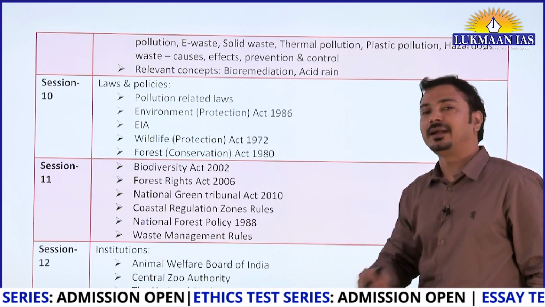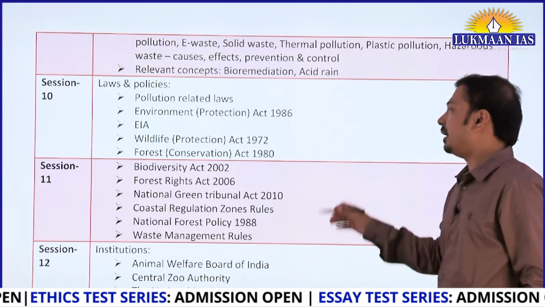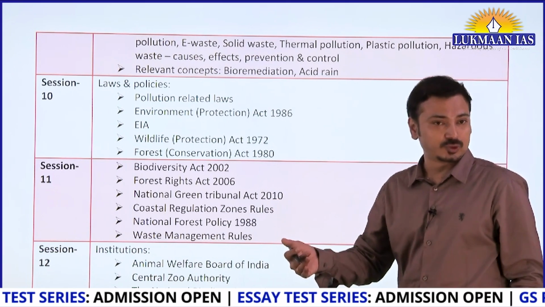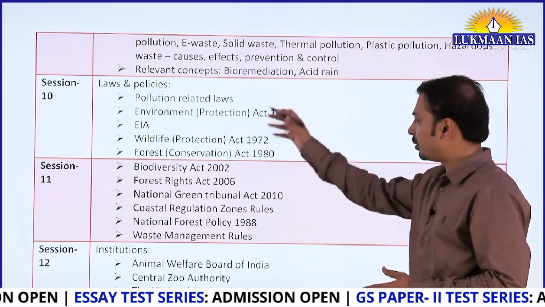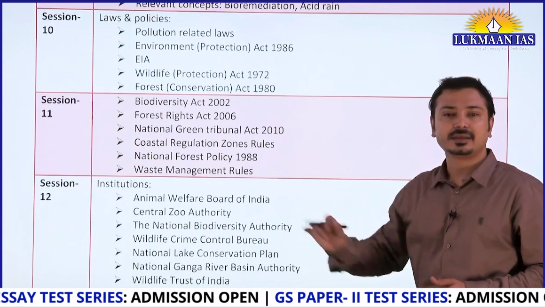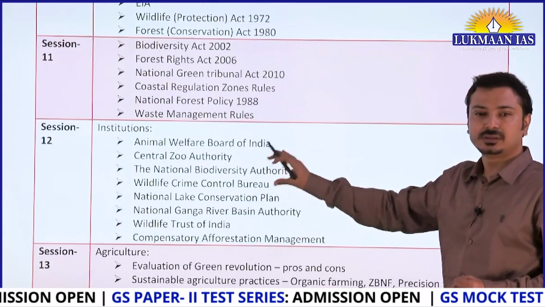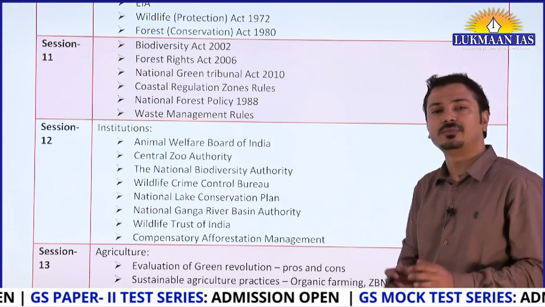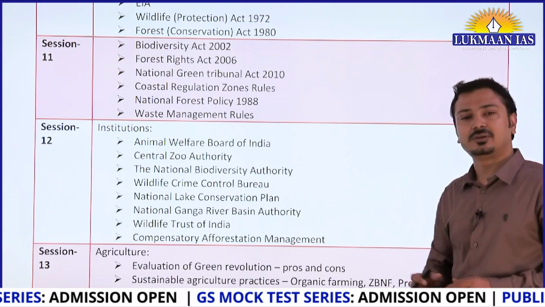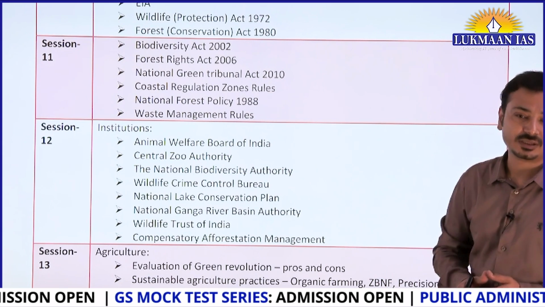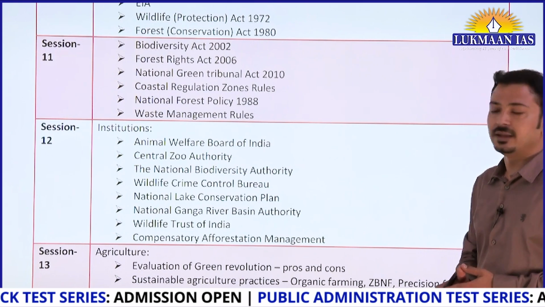We'll find out some salient features and provisions of these laws, and if there is any recent amendment proposed to these laws, that becomes very important for our examination from current affairs. So the important laws, policies and rules we have enlisted here. We will try to find out the salient provisions. Then institutions: some of them are statutory institutions, some of them are executively created institutions. We should have knowledge of all these institutions, what kind of function that institution is doing, its authority, its jurisdiction; all these aspects are important, right.